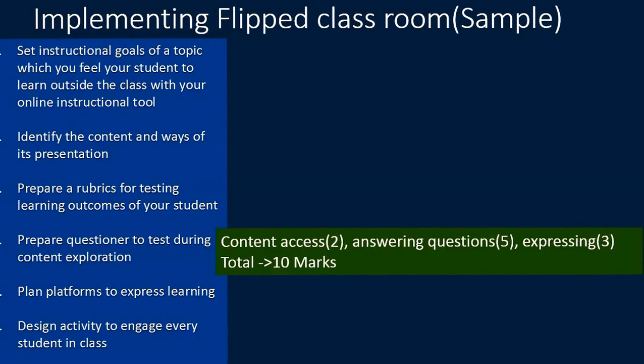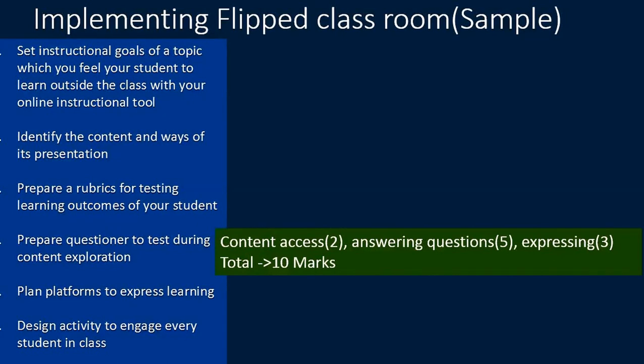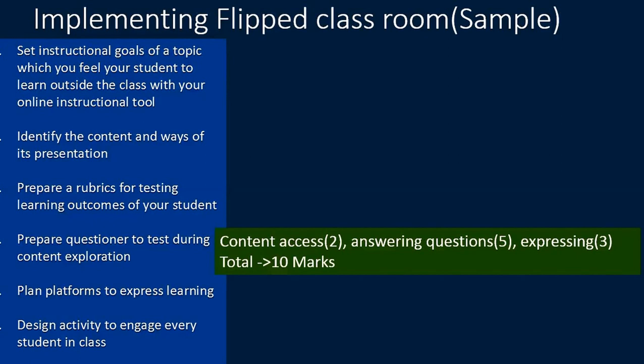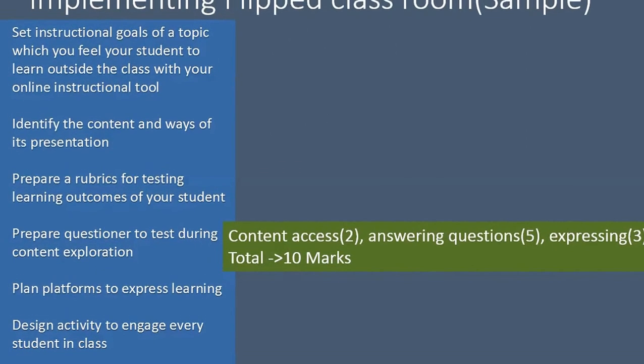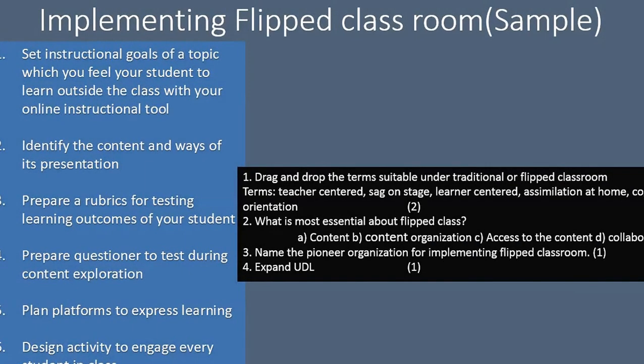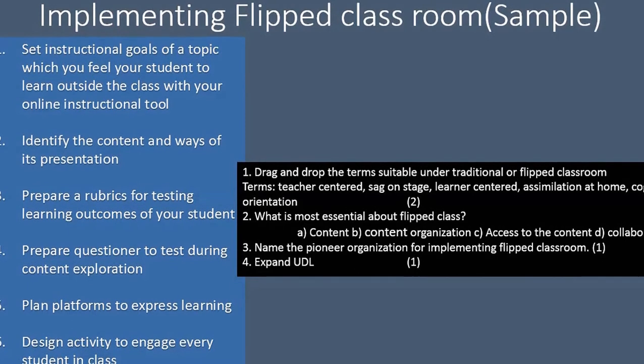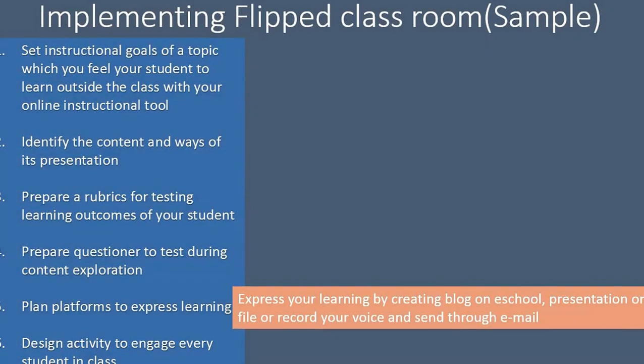Now when I put something on the web, I need to prepare the testing part, that is, meaning making. I have prepared the rubrics for testing. If you access the content, you will get 2 marks. Answering the questions will give you 5 marks. Expressing is 3 marks, so the total is 10 marks. These questions you will get on access, so I am not going to disclose them here.